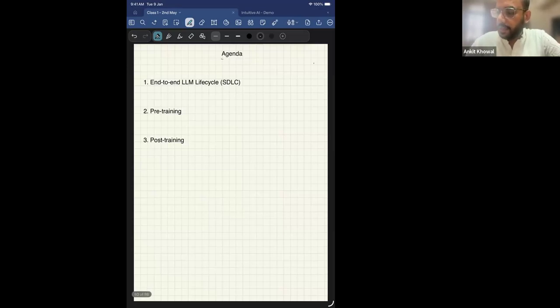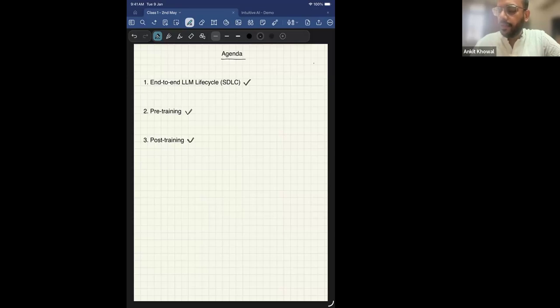So today the agenda is we'll be covering the end-to-end life cycle of an LLM, what is pre-training and what is post-training. Like in our normal software development, we have a software development life cycle, right? When these big companies make a model, they also follow a life cycle.